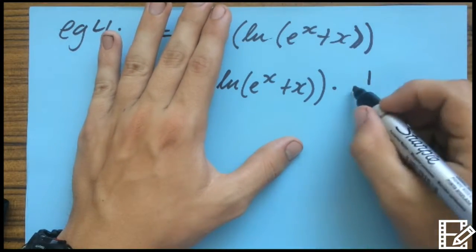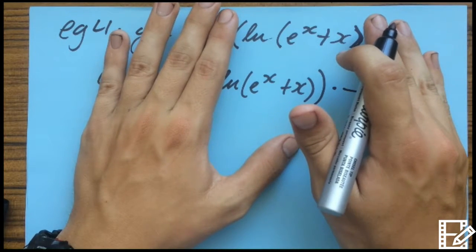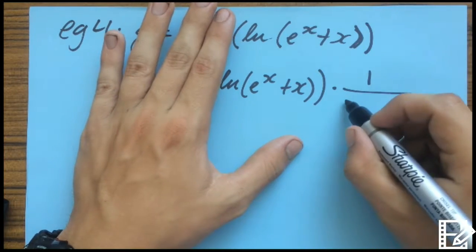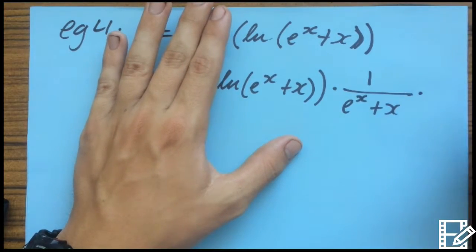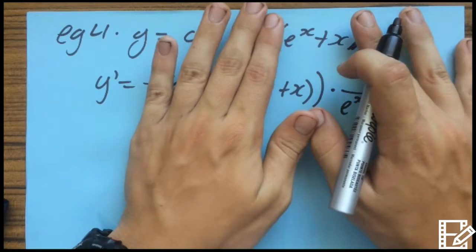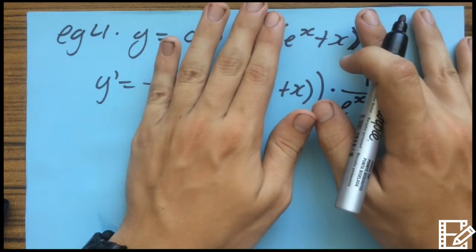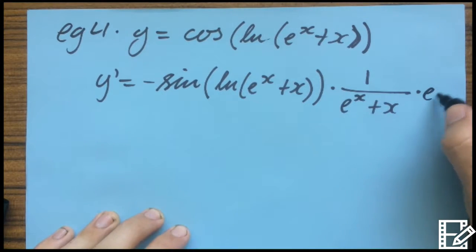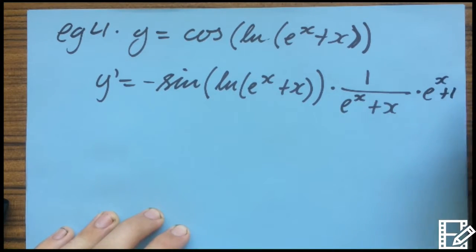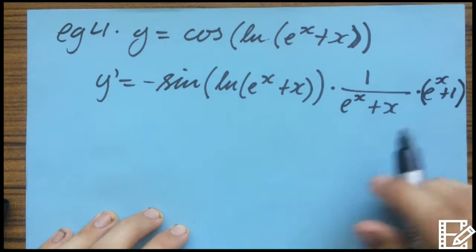So the derivative of ln would be 1 over whatever's in the brackets of ln, which is e to the x plus x, and then we multiply that by the derivative of whatever's in the inner brackets, the third function, which would be the derivative of e to the x plus x, which is e to the x plus 1, because the derivative of e to the x is just e to the x.